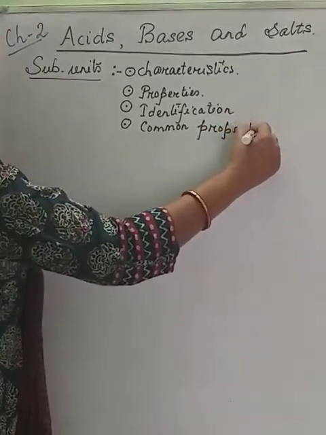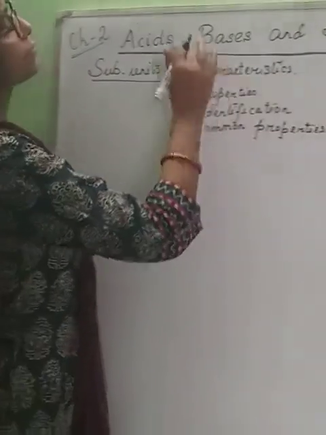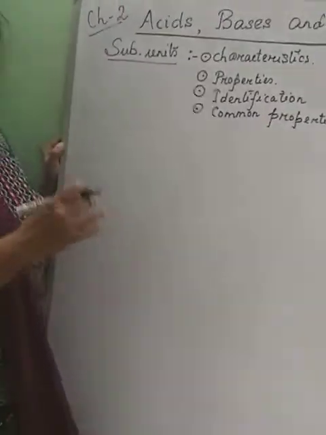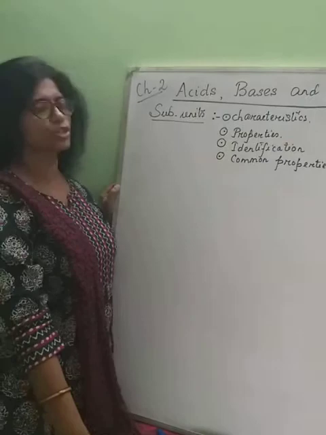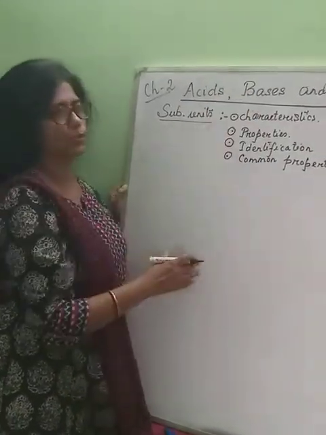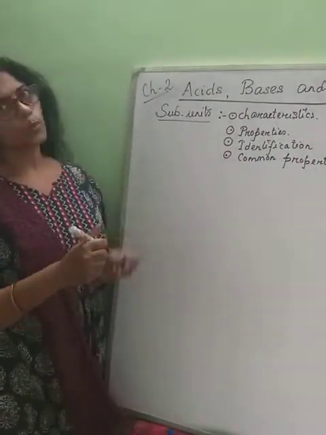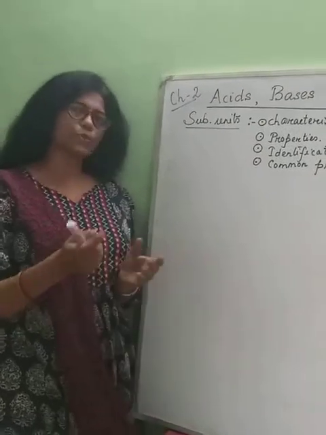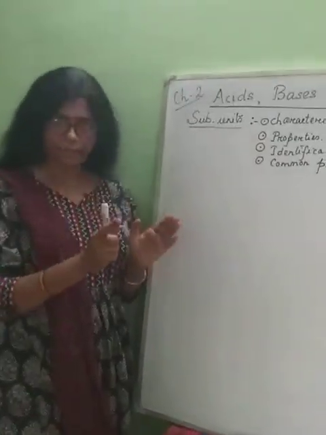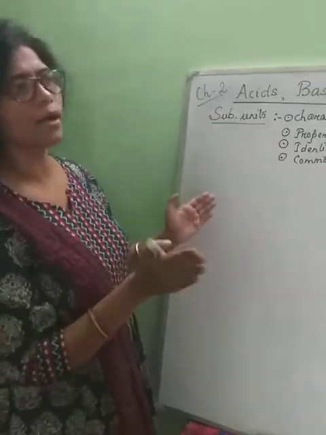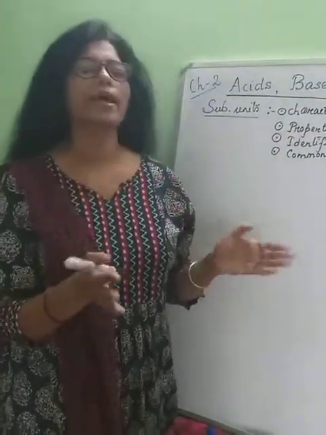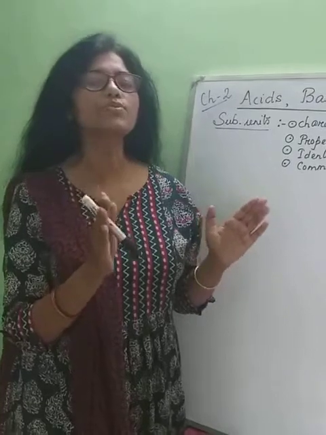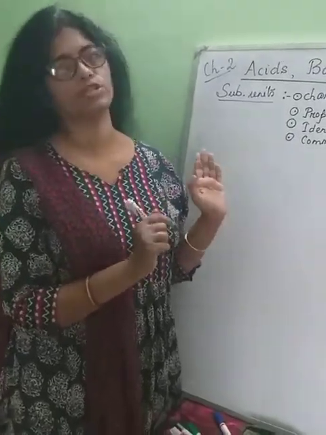Generally we say that acids have the reverse or opposite properties to that of bases. That's why when we have the reaction between an acid and a base, both are countering or cancelling their property, and this is called the neutralization reaction.